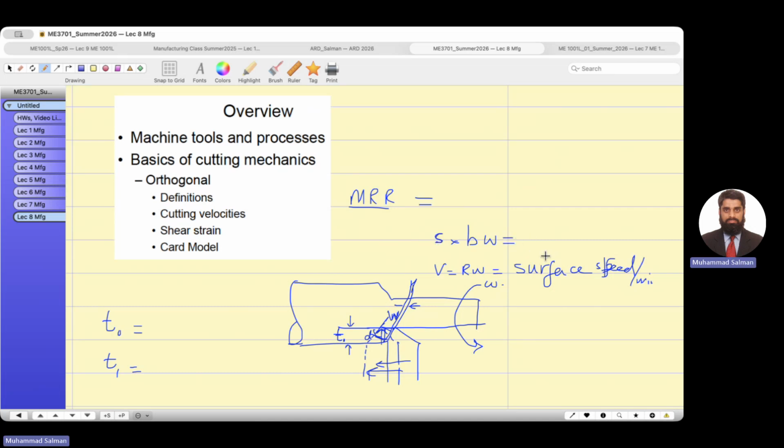Okay, what are the units? Speed has units of meters per second. These are the two dimensions, meters and meters, so meter square, and meter, so meter cube per second. So material removal rate is the volume removed per unit time. You understood this formula? Volume of the metal removed per unit time. It comes from this formula.